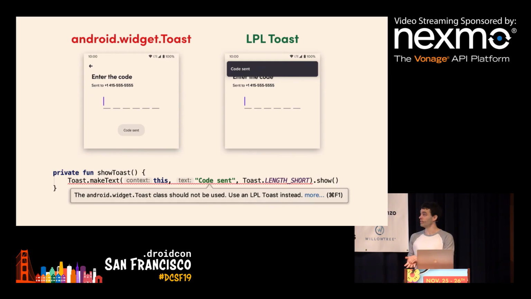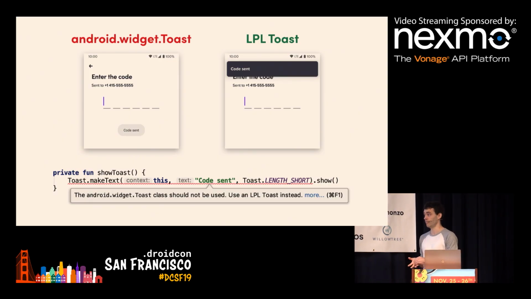And what we've done there is we've created a lint check that will detect usage of the actual Android toast class. So if you're a new developer coming into the company, you might not even realize that LPL toast exists, right? And by the way, I forgot to mention this, LPL is the name of our internal design system.